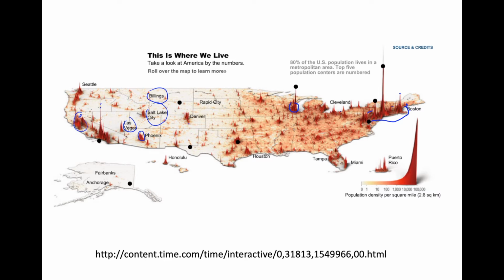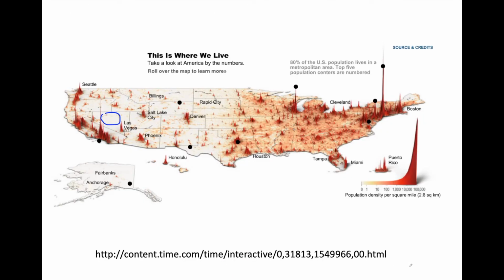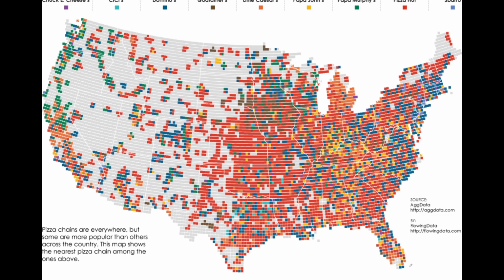But if we look back to this hole here in Las Vegas, Nevada, and flip back to the previous slide, we see that that hole in Las Vegas, Nevada, where there's very little population, must be desert, we see that there are no pizza shops.